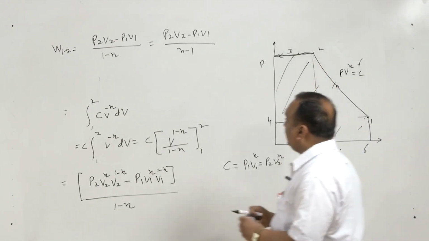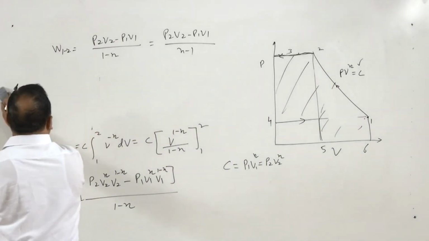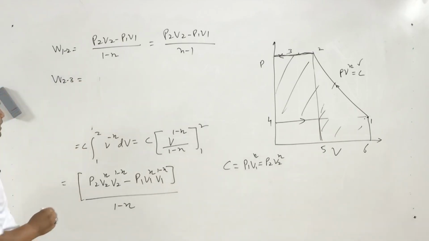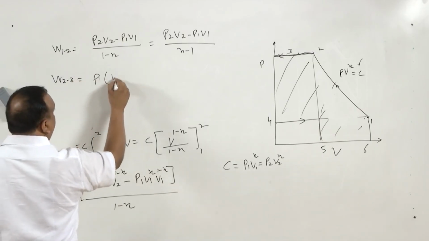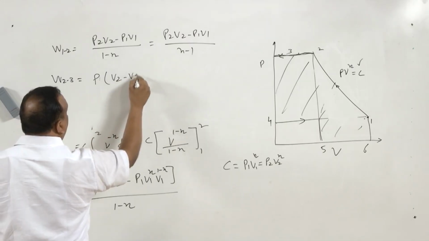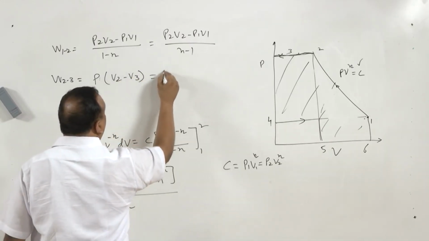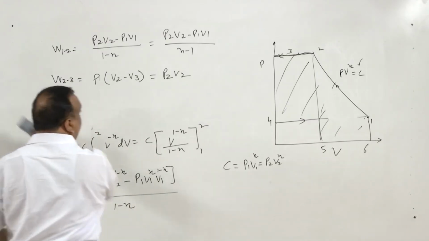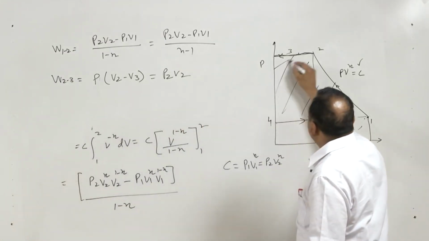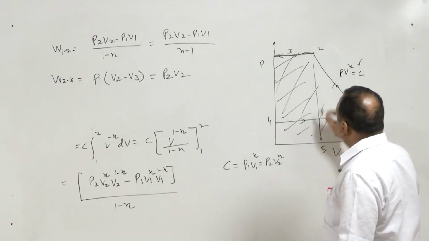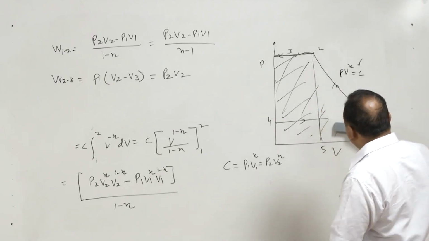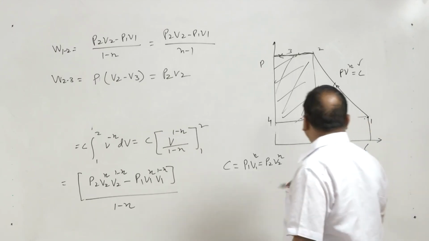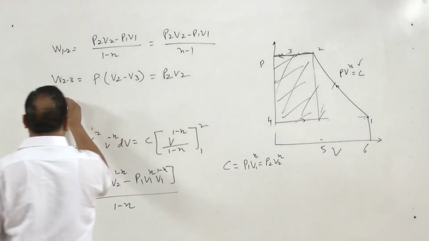For state 2 to state 3, the work is going to be P2 times V2 minus V3, and because V3 is 0, we can always write P2 V2. Now, we also have the area under this. Total area minus this area will give the work done during compression, and this area is again P1 V1.